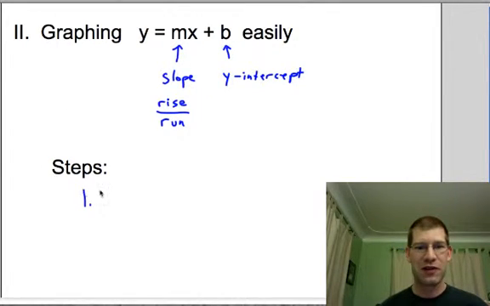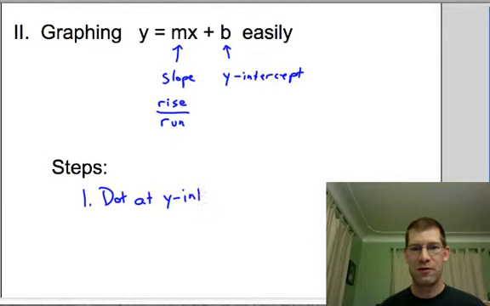So to graph those things, I'd encourage you first of all to start with that y-intercept and put a dot at the y-intercept. Then 2, use the slope to find more points.